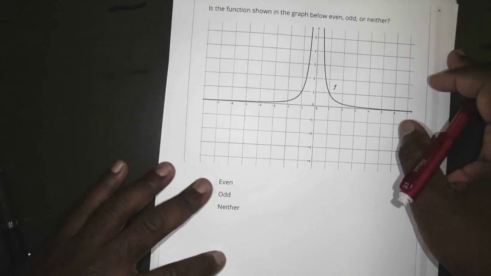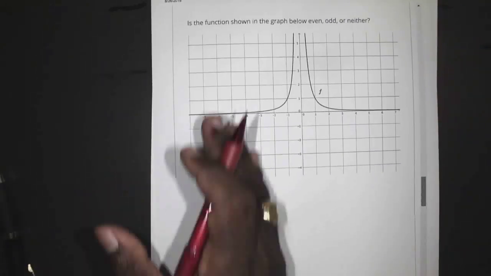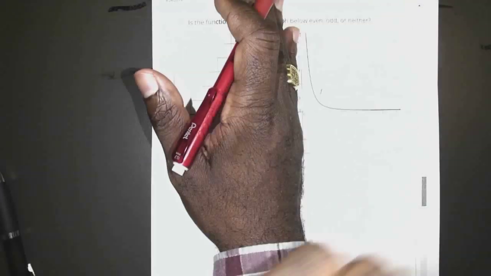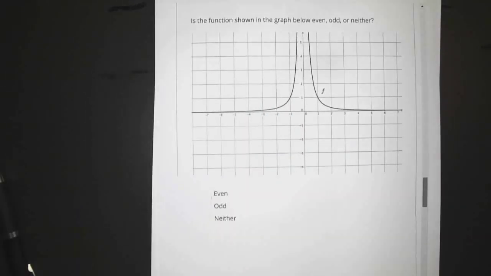So let's say you have this graph here. If you held up a mirror right here, it would look just like that, like it's just a reflection across the y-axis. So you know this one is what? Even. Yep, even.